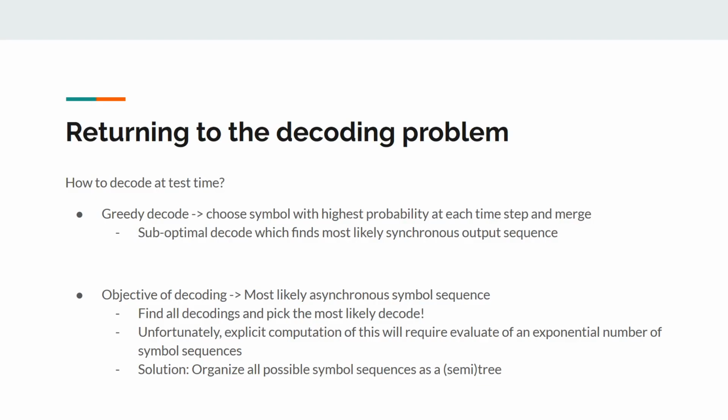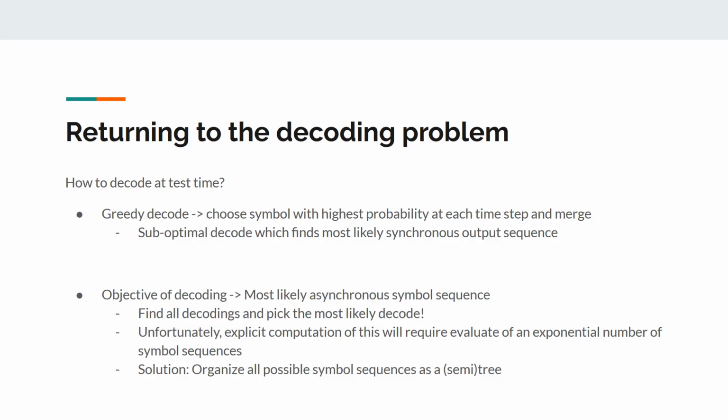So, now that we have addressed the challenge of being able to decode multiple instances of the same symbol without ambiguity, we return to the decoding problem in this CTC setting. We could use a greedy approach for this and just choose the symbol with the highest probability at each time step and then merge this symbol sequence.